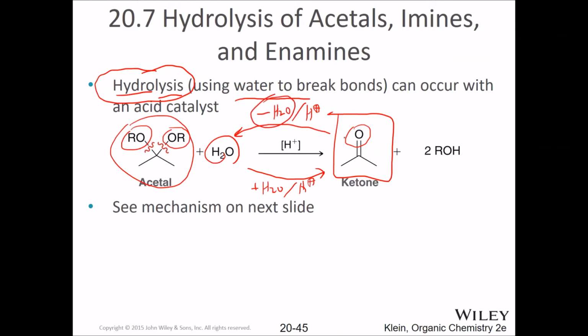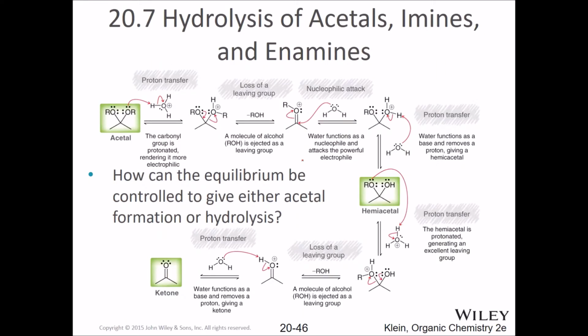That was that oxygen that came off. So I'm hoping you'll memorize this. Memorize not the mechanism, but the structures and the reaction conditions, and then just constantly in all your mechanism steps be thinking, how can I make more of the bonds that I need and get rid of the bonds that I don't need. Okay, so let's look at this mechanism.